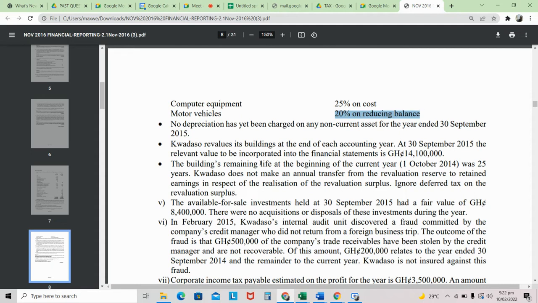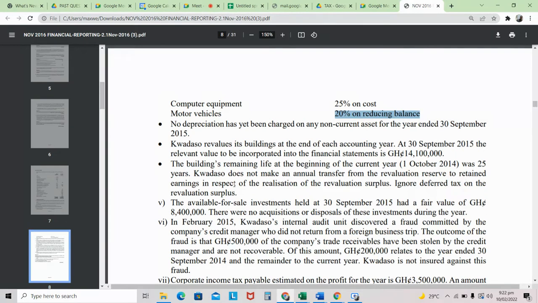The building's remaining life at the beginning of the current year, 1st October 2014, was 25 years. Kwadaso does not make an annual transfer from the revaluation reserve to retained earnings in respect of the realization of the revaluation surplus. Ignore deferred tax on the revaluation surplus.